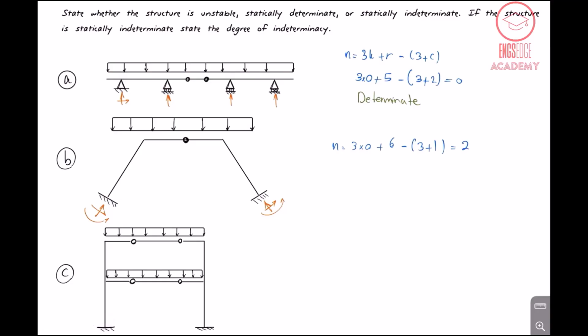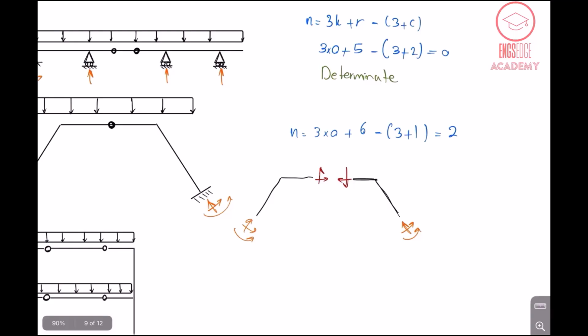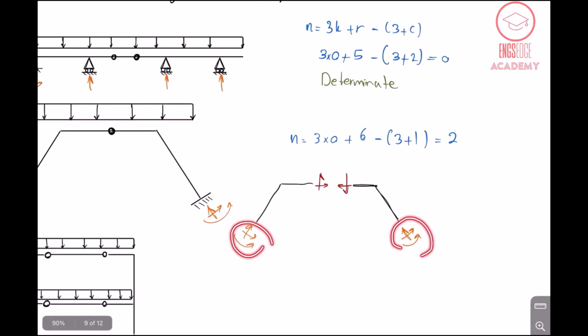Alternatively, instead of analyzing it like this, we could separate the structure and draw it like this or like that. When we do that, these are our support reactions, and these are the internal joint forces. These are the forces acting at the internal joint. If we count the unknowns, we get 3 here, and 2 more here.